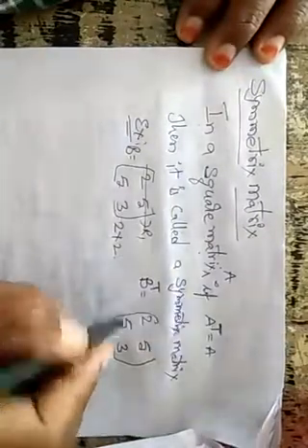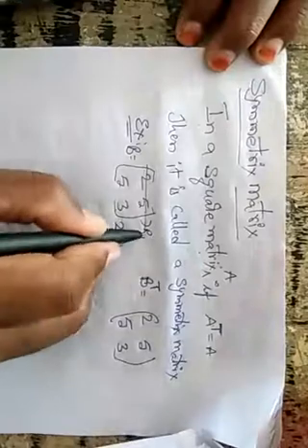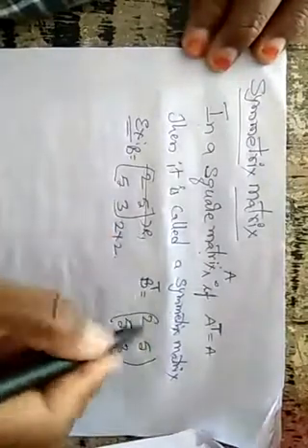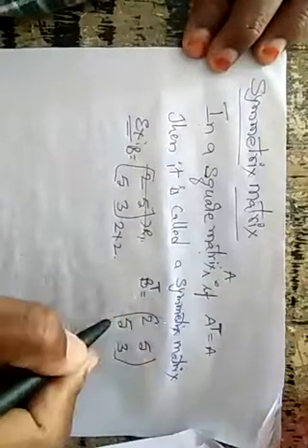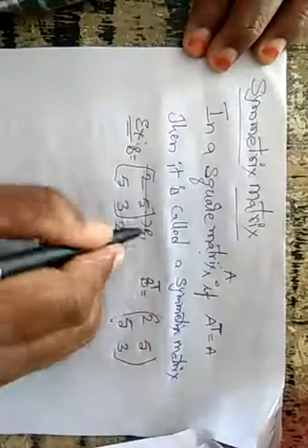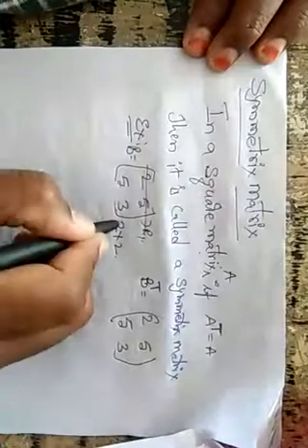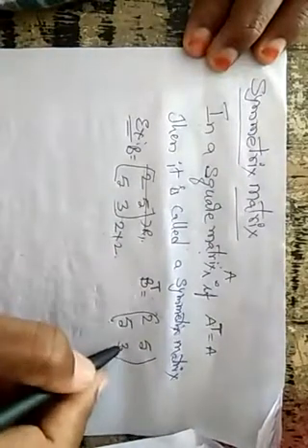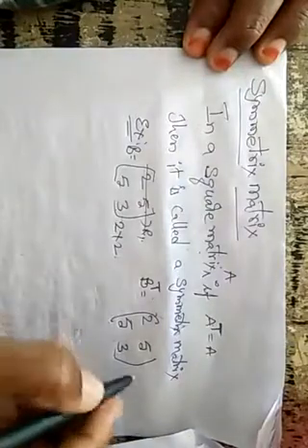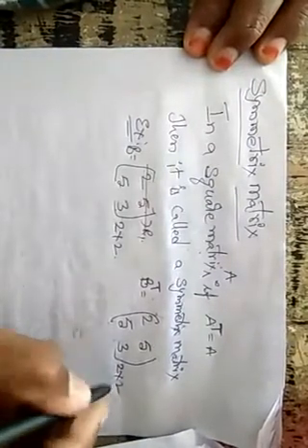So here in the matrix B, horizontal rows are converted into columns. Its order is 2 by 2.